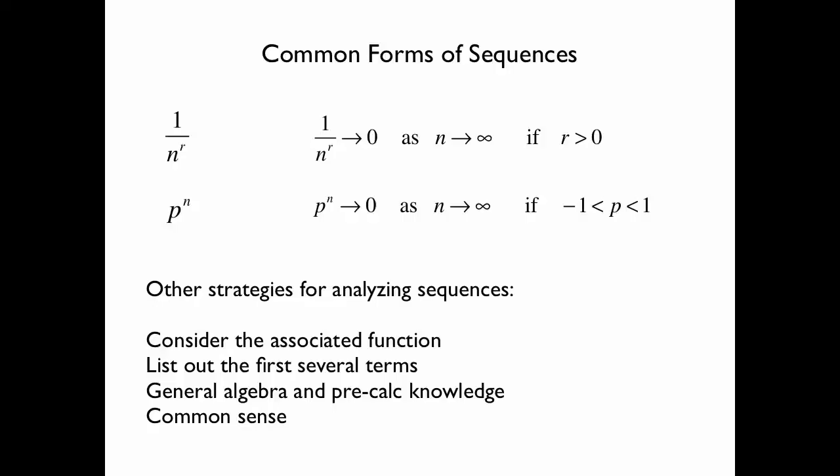You have to know your algebra, your rules of exponents, rules of square roots and other roots, to change the forms. That's pre-calc knowledge. And some of this is just common sense, reasoning. These sequence problems are a mixed bag, so we have some tools, but we also have to have some ingenuity. You're going to come to sequence problems that you've never seen before. That's just the nature of it.